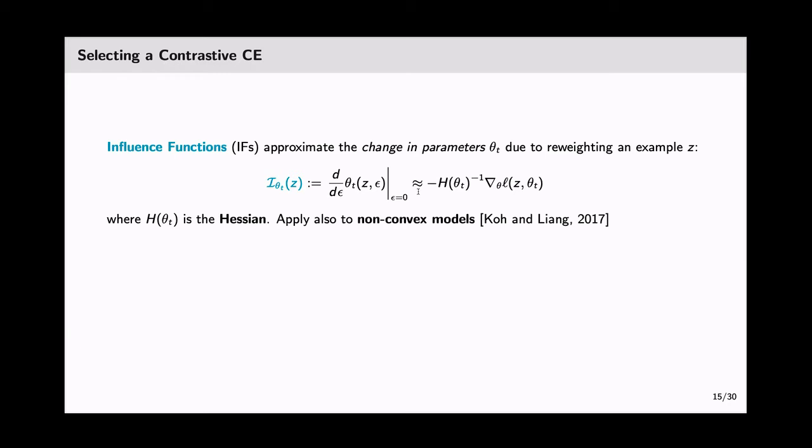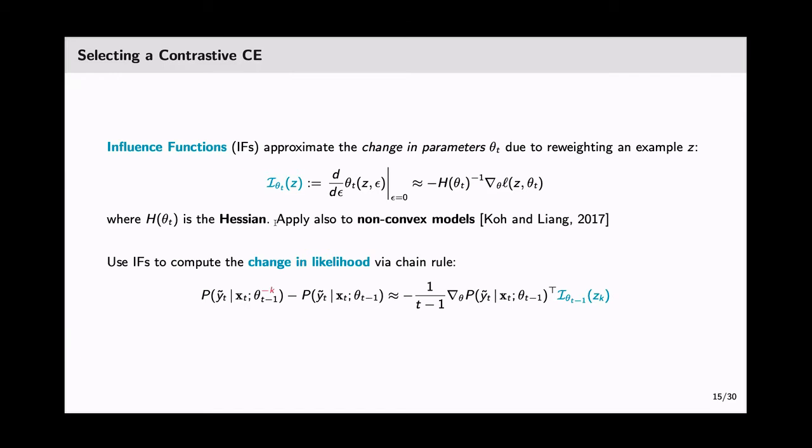Okay, this is the formula. This applies also to non-convex models as shown in this reference. Here, H is the Hessian. So the change in likelihood that I showed in the previous slide can be approximated by using the influence functions, using the chain rule of the graph.